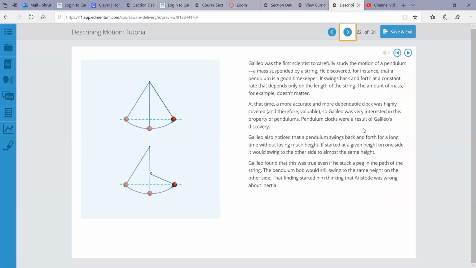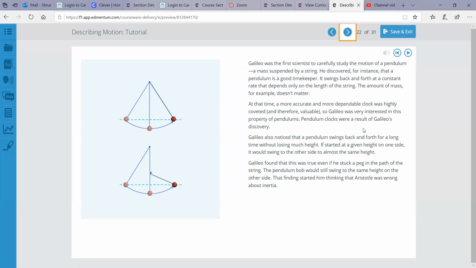He was the first scientist to study motion of a pendulum, a mass suspended by a string, and he discovered that a pendulum is a good timekeeper. It swings back and forth at a constant rate that depends only on the length of the string.